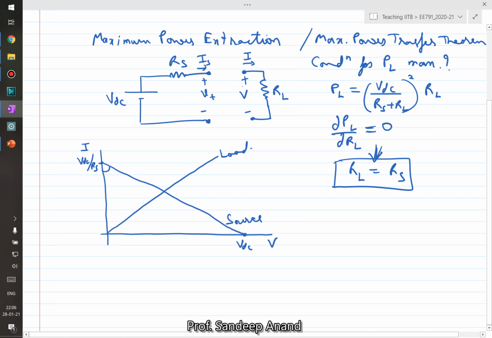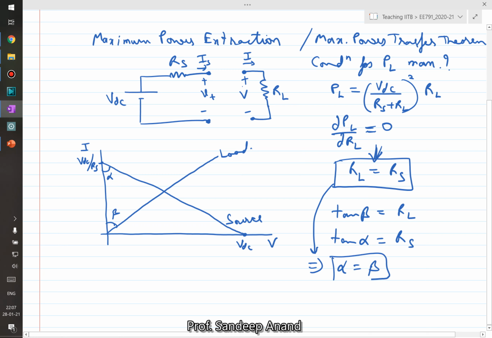If I call this angle alpha and this angle beta, then tan beta is the resistance of the load, and tan alpha is the resistance of the source, and thus the condition can also be rewritten as alpha equal to beta, where alpha and beta are the angles shown in this IV characteristics.